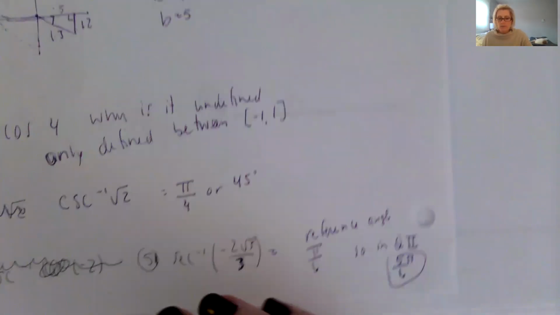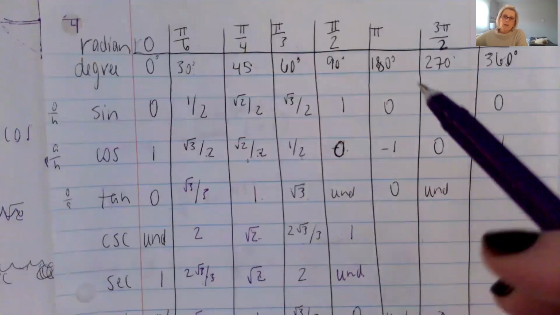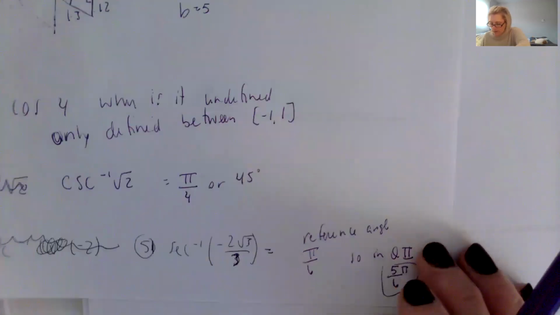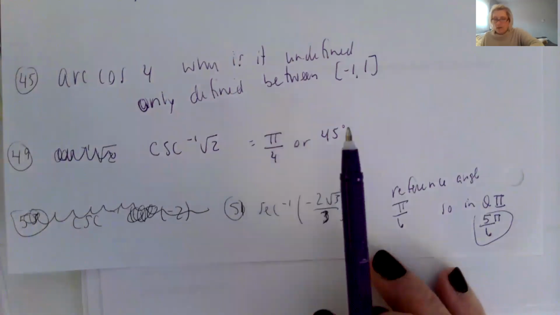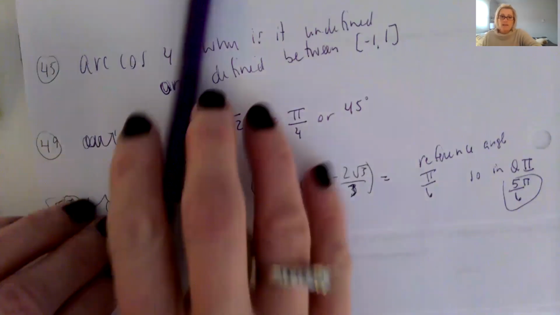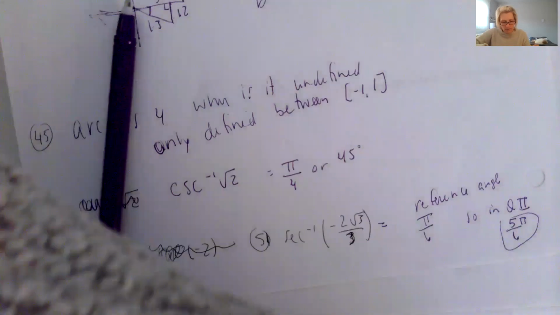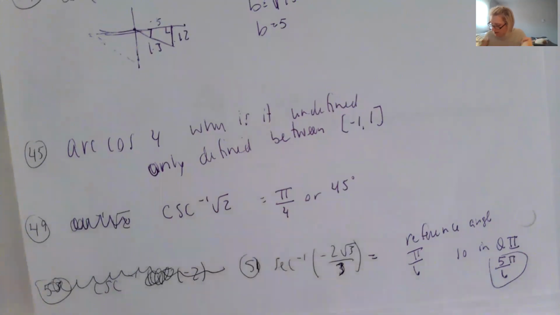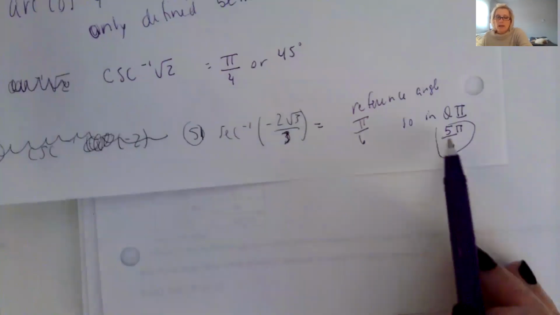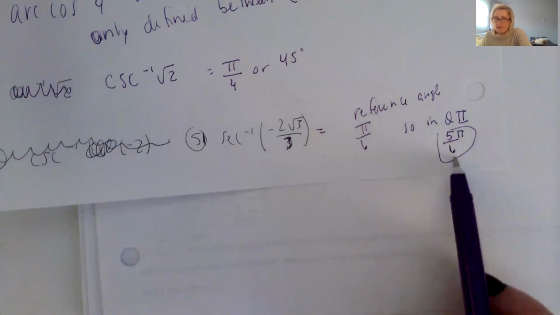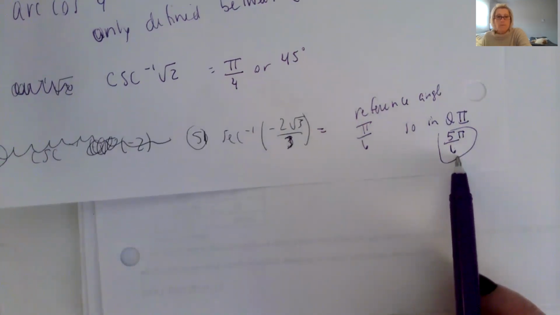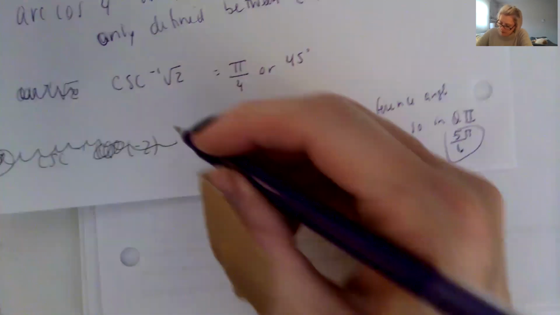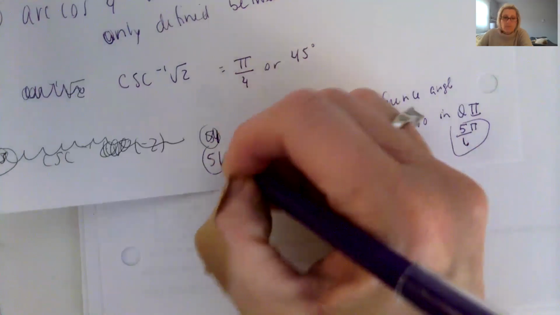When we use our table, the table that we've been making, it's all of our reference angles, but we have to know what quadrant we're working in and go back to that. So our reference angle is going to be pi/6, but because we're talking about a negative secant, where is secant negative? It's negative in the second quadrant, and so that's 5 pi/6 there for number 51.